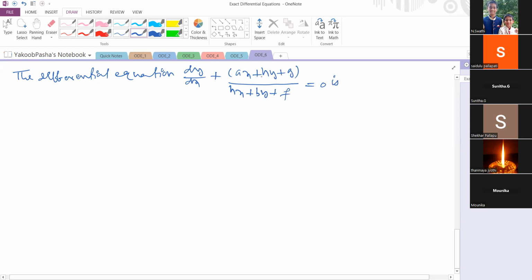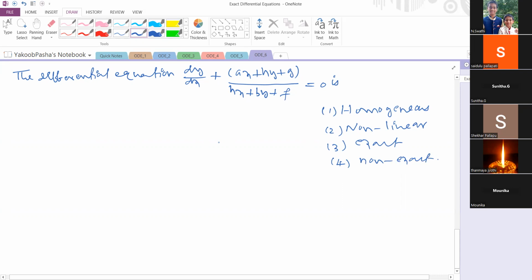Here we have four options. First option, homogeneous. Second option, non-linear. Third option, exact. And the fourth option, non-exact.